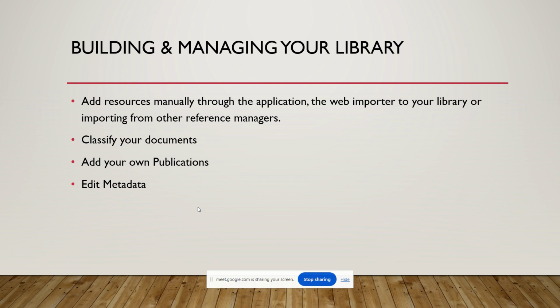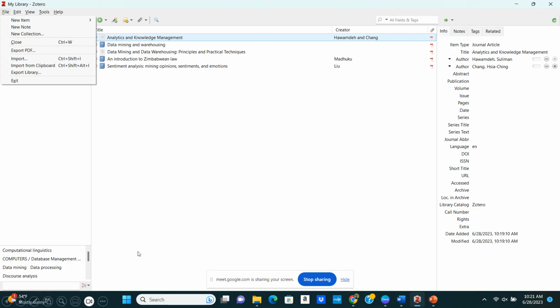Excellent. So how do you build your Zotero library? When you're researching, you find yourself downloading things that you want to use later. So you can create a folder and then drag and drop them in your Zotero library. The library looks like this.